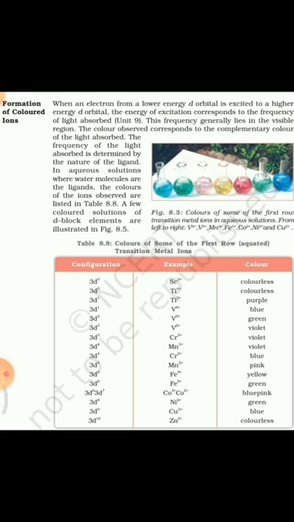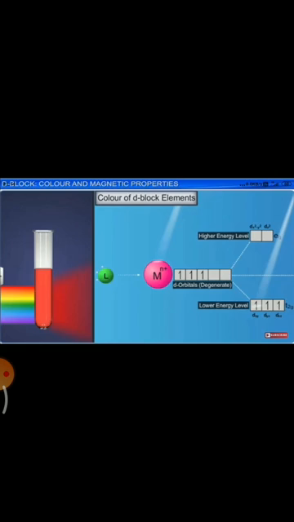When the ligand approaches the metal ion, the degenerate d orbitals, degenerate meaning having the same energy, split up into two sets of orbitals with different energies: the lower energy t2g orbitals and the higher energy eg orbitals. t2g contains three orbitals, dxy, dyz and dxz, and eg contains two d orbitals, dx square minus y square and dz square.